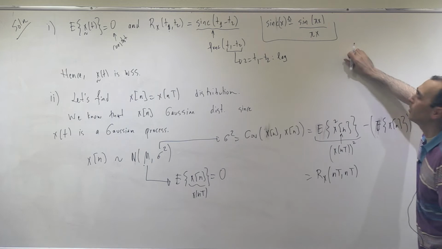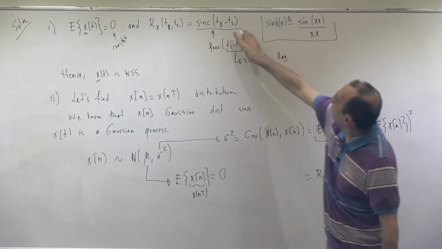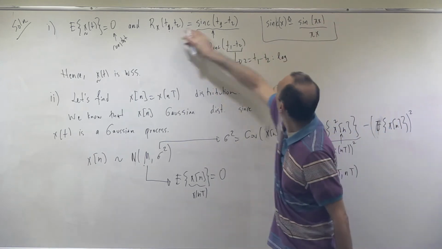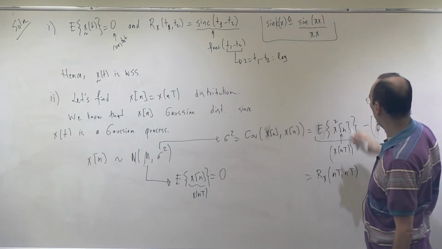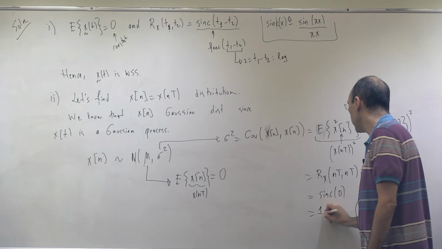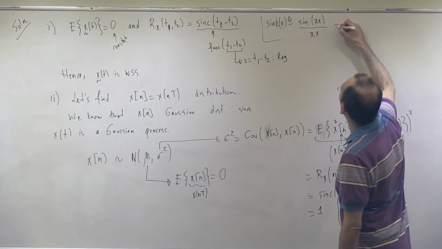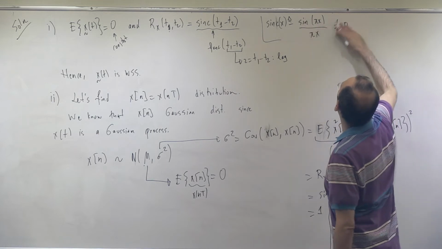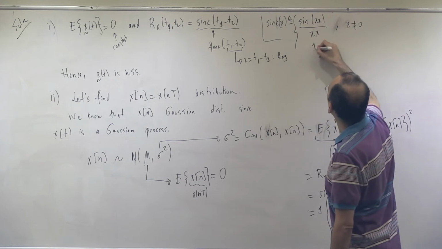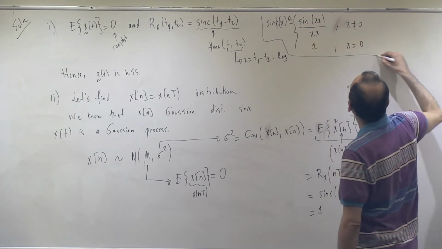Well, this is not the exact definition, you may say, because t1 minus t2 is equal to 0, like in this case. If both arguments are the same, then in the sinc argument I have sinc of 0, and this is equal to 1 actually. So maybe I should write this a little bit more carefully: when x is not equal to 0, it is sine pi x over pi x, and when x is equal to 0, it is 1.